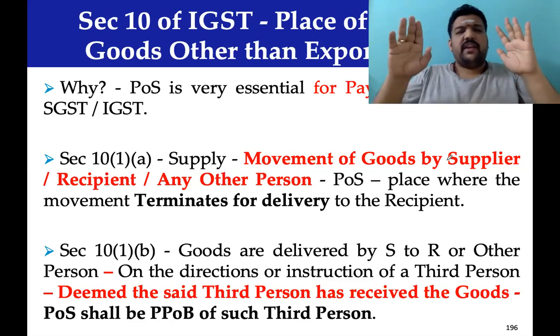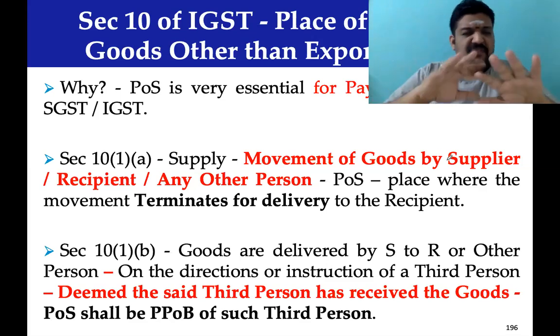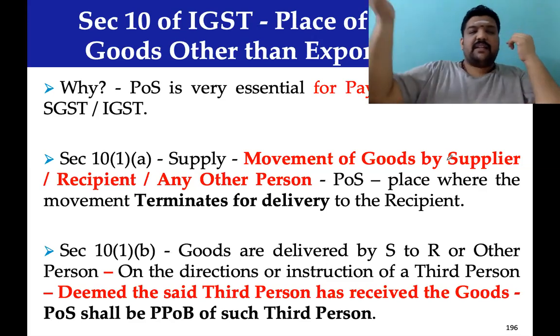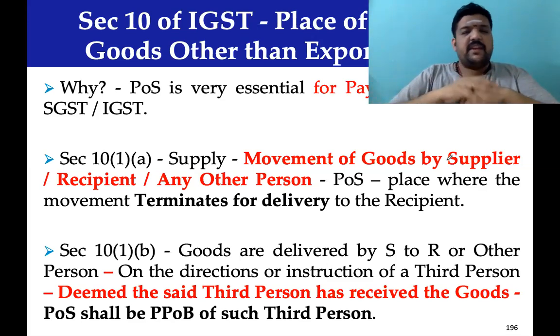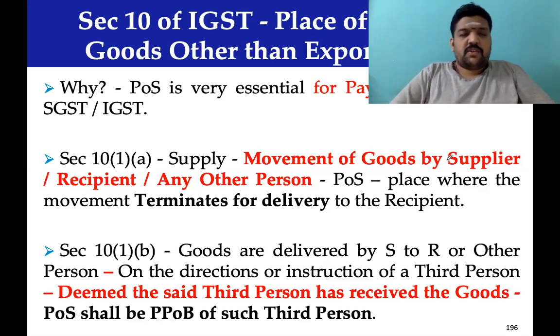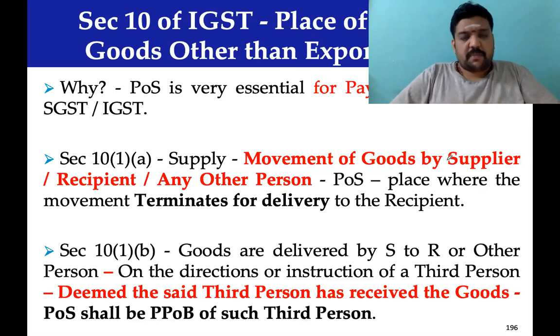To the contrary, a last sub-clause would come out and say if goods cannot be determined in these 5, it will be determined as envisaged by the government. Nothing is as of now recommended. So when it comes to place of supply of goods, it can be broadly classified into 5 types.